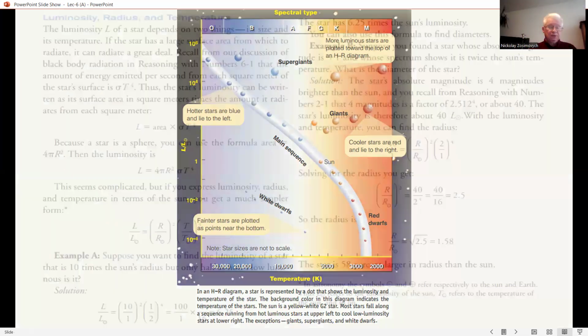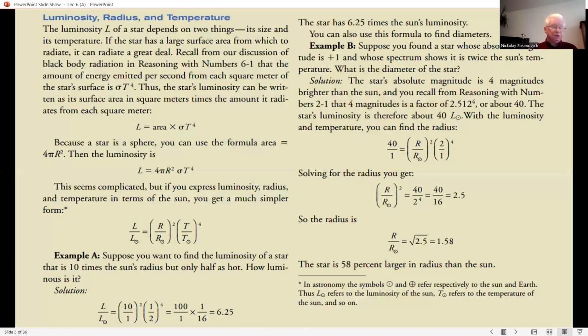luminosities. The equation in Reasoning with Numbers here can be used to draw precise lines of constant radius across the HR diagram.